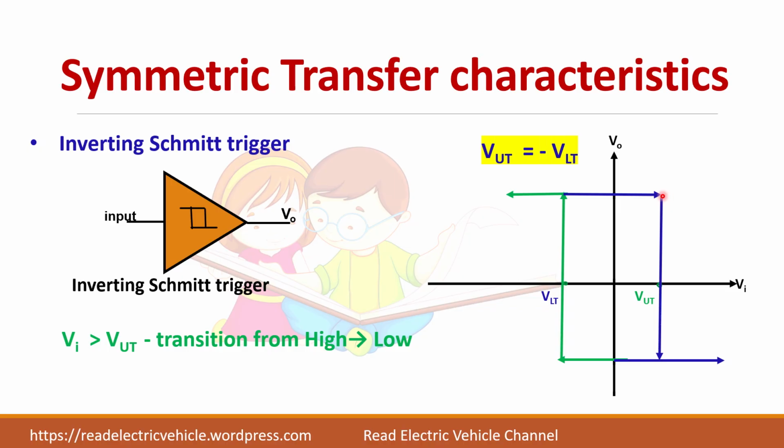The output jumps from high to low and remains low when the input is higher. But when the input falls below this lower threshold, you see the arrow direction, it falls below the lower threshold, the output moves from low to high. So this is the inverting Schmitt trigger.